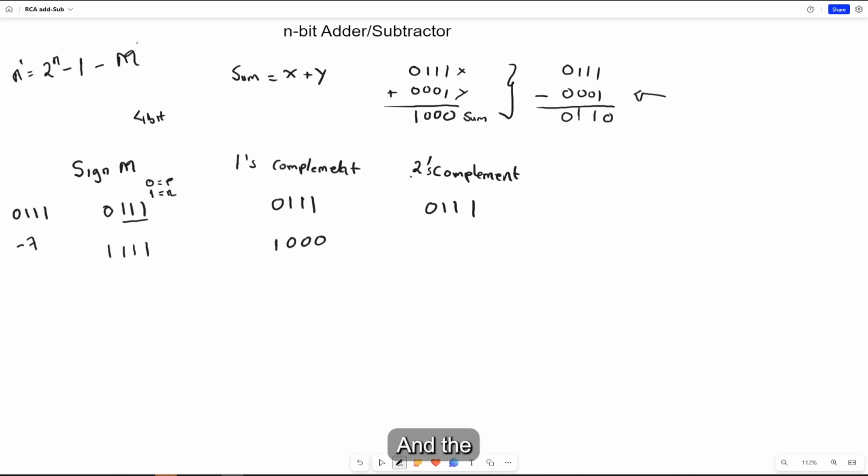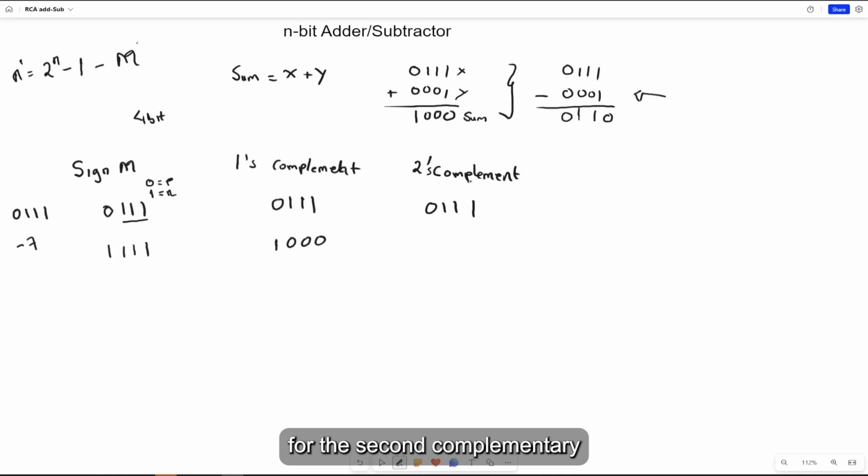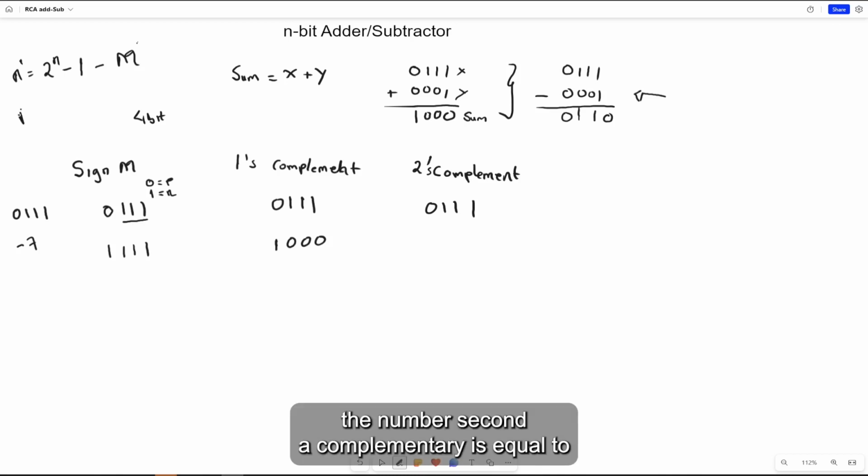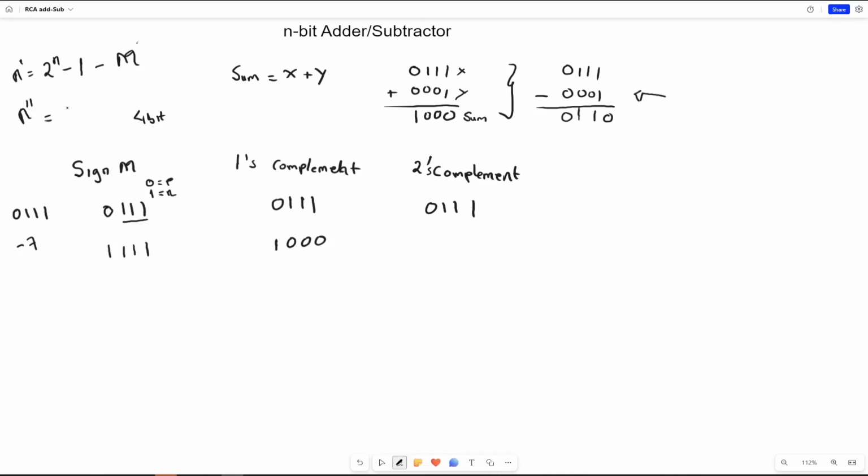And for the second complement, the number is equal to the first complement plus 1.